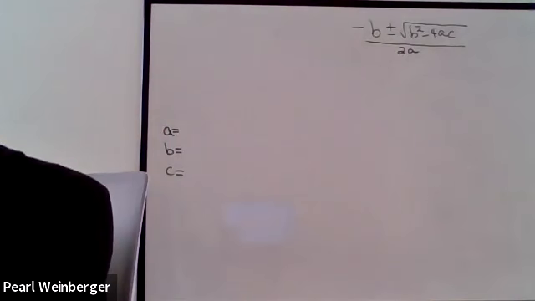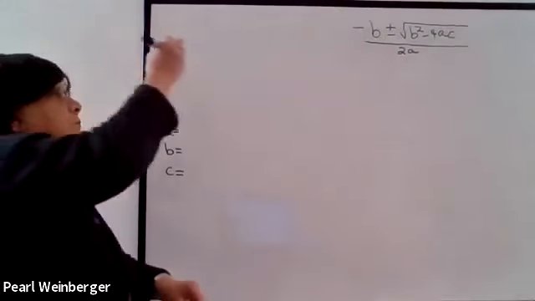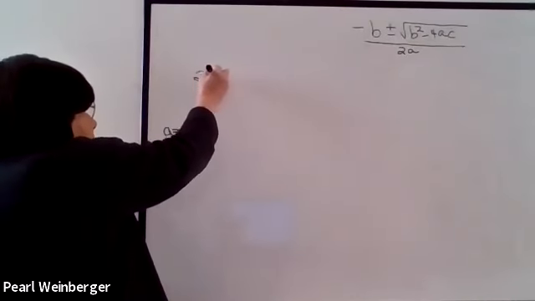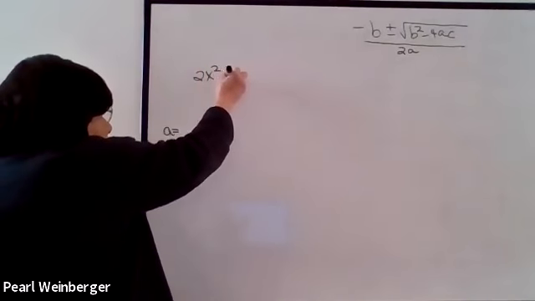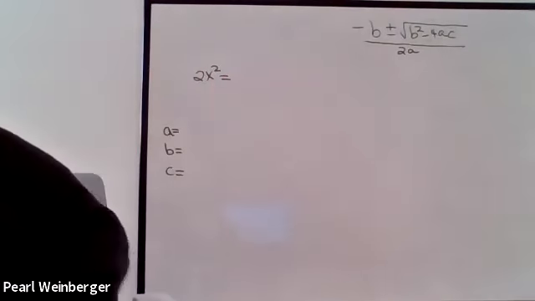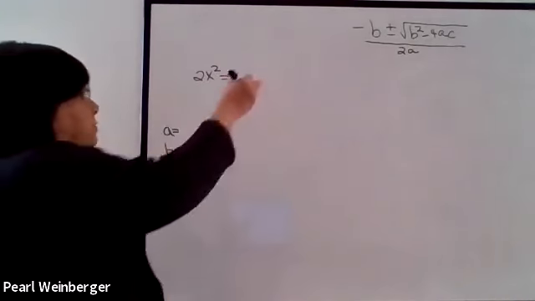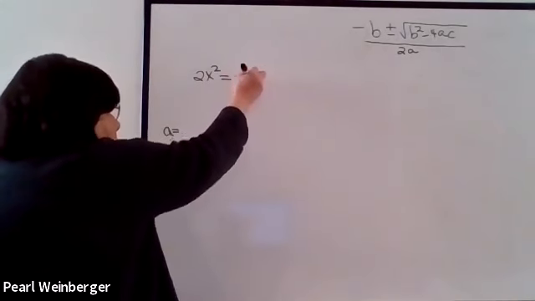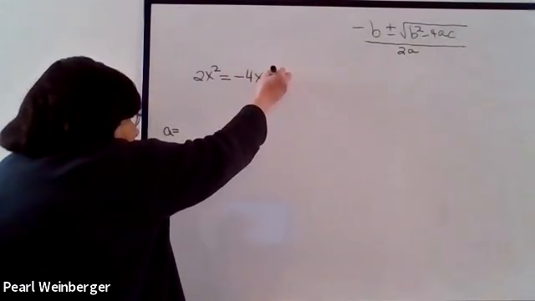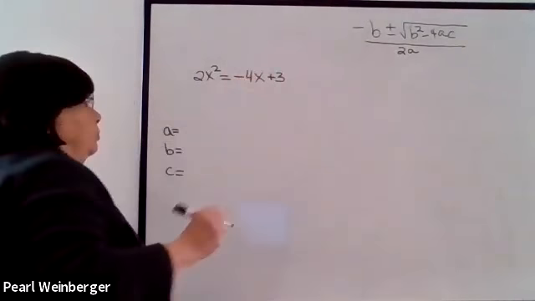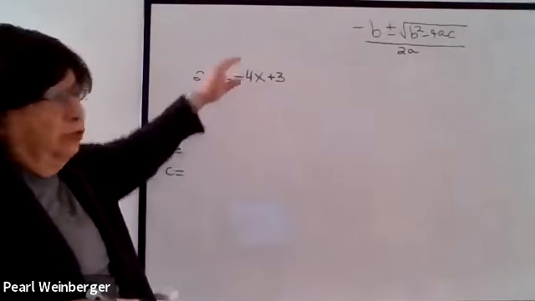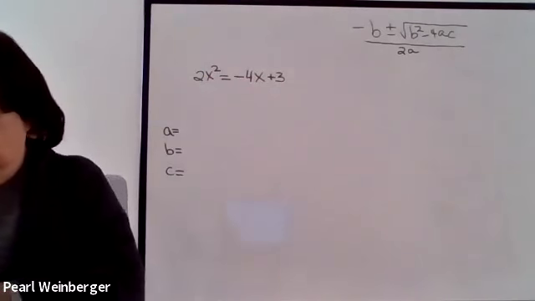We have 2x squared equals negative 4x plus 3. I'd like you to use the quadratic formula to solve this quadratic equation.